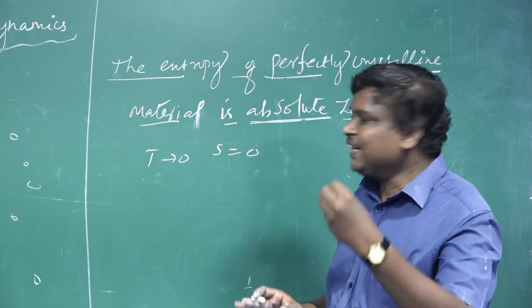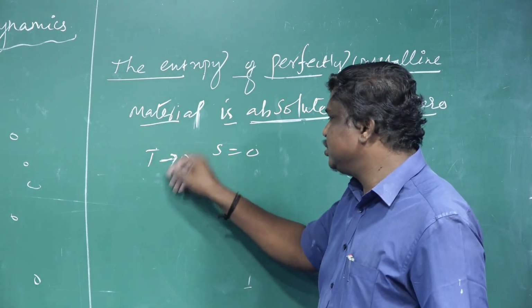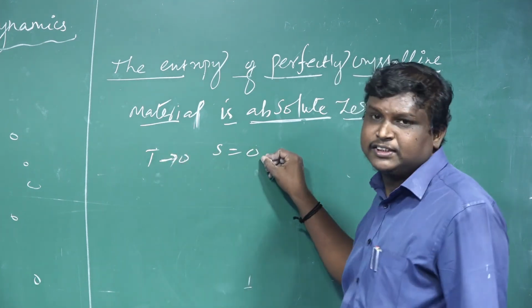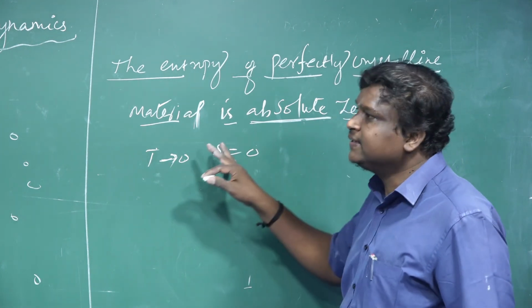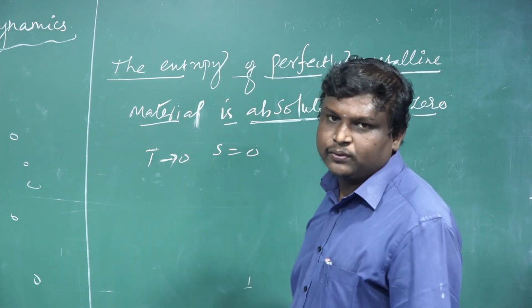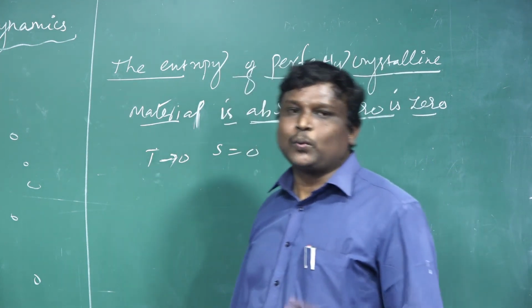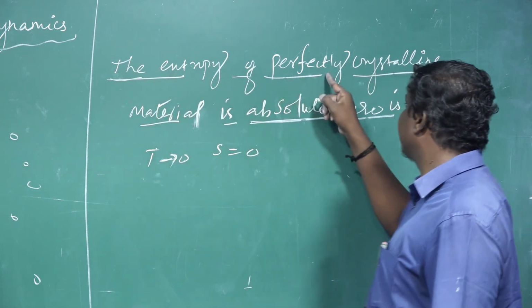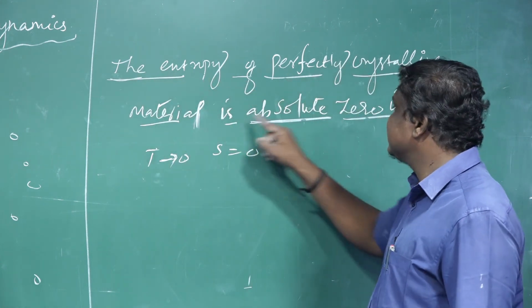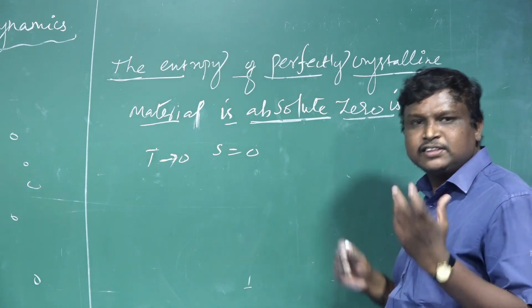We can express it mathematically: at temperature 0, S becomes 0. This is the third law of thermodynamics: the entropy of a perfectly crystalline material is absolutely zero at absolute zero.